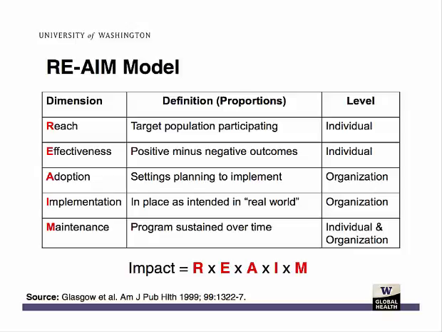And maintenance is both an individual and organizational level measure, referring to how a program is sustained over time. And impact is measured as a product of these 5 domains: reach, effectiveness, adoption, implementation, and maintenance. And as we know, when you multiply proportions, you get to smaller proportions, which shows how falling short in any one of these areas can lead to reduction in impact.